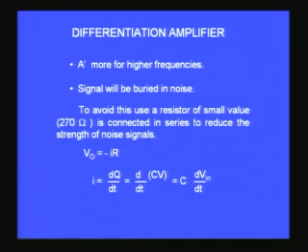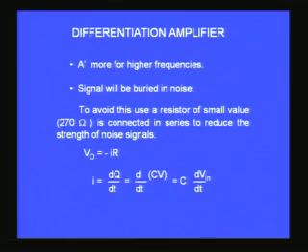Now if the frequency is higher, that is preferentially amplified by my differentiation circuit, and therefore at the output you would find more of the noise signal will be amplified than the signal, and ultimately it may happen that the entire signal will be completely buried in the noise. Therefore when you use a differentiation circuit you have to be very careful with reference to noise signal.